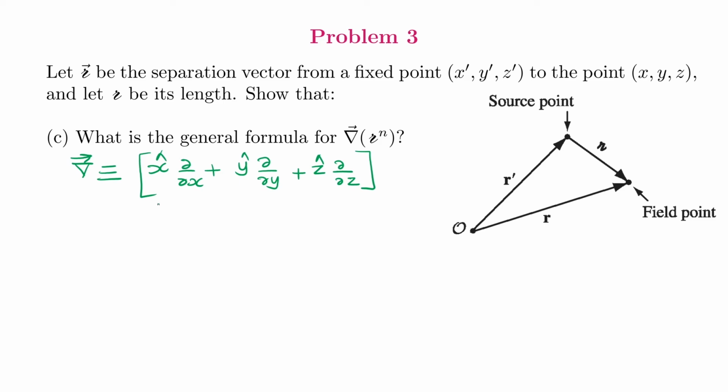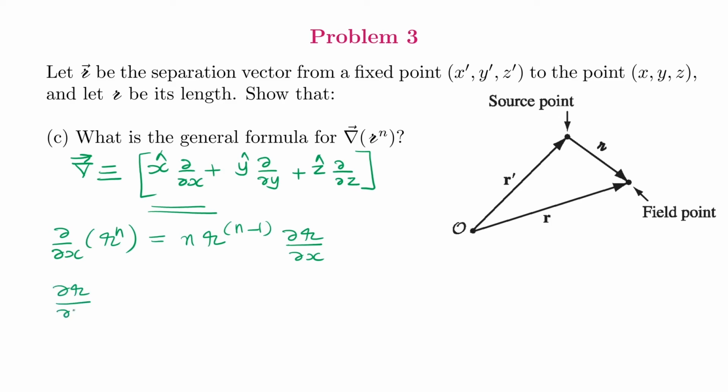To simplify the analysis, let's consider only the x component for the time being and take del by del x of r power n. This is equal to n times r power n minus 1 times del r divided by del x.